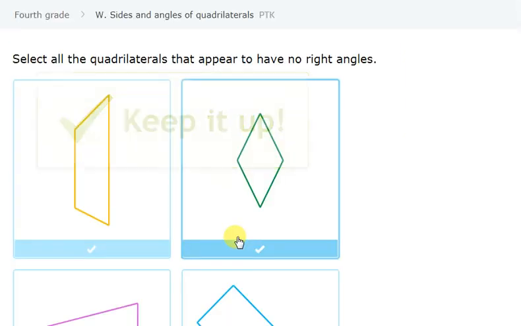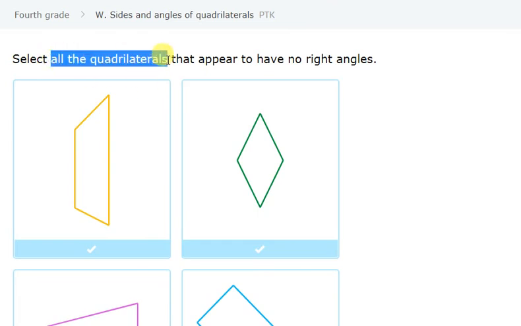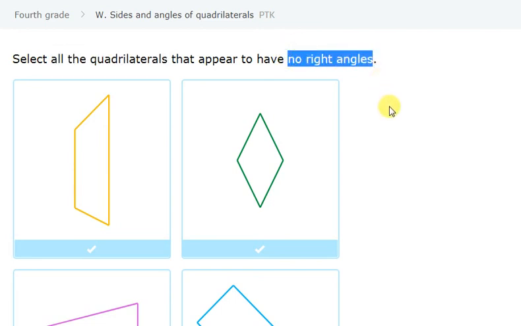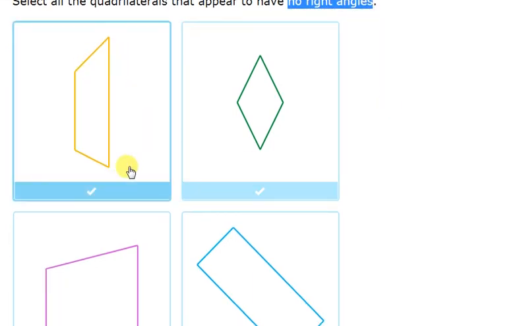Great, keep it up. Okay, now you are supposed to select all the quadrilaterals that appear to have no right angles, right? So do you think this quadrilateral has any right angle in it? No, there is no L shape, right? That means it does not have any right angle in it.